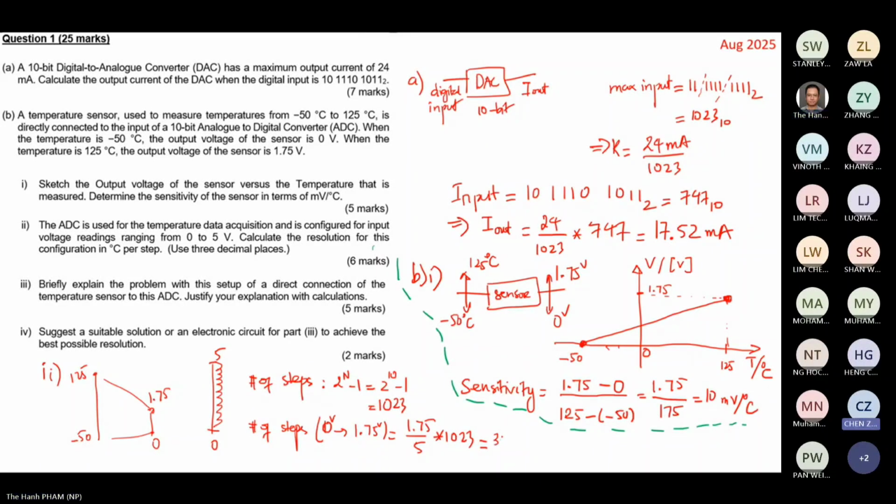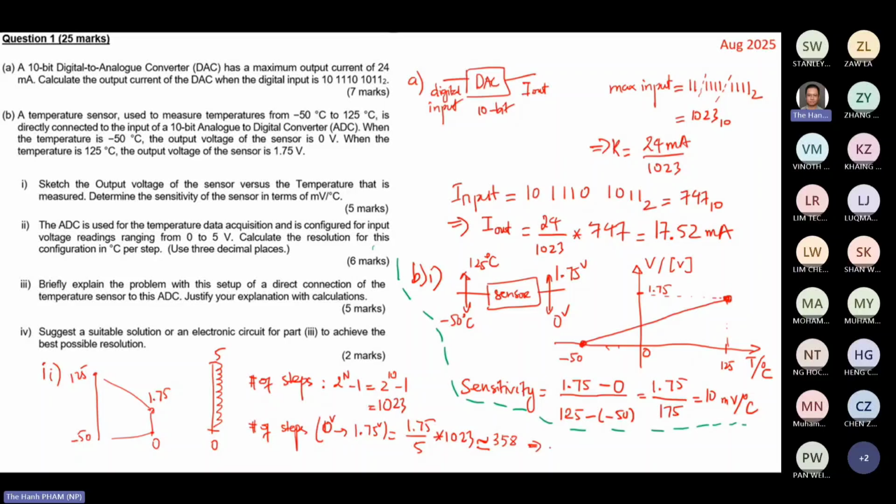Okay, 358.05, so approximate, right? Because we just need to take the whole number.